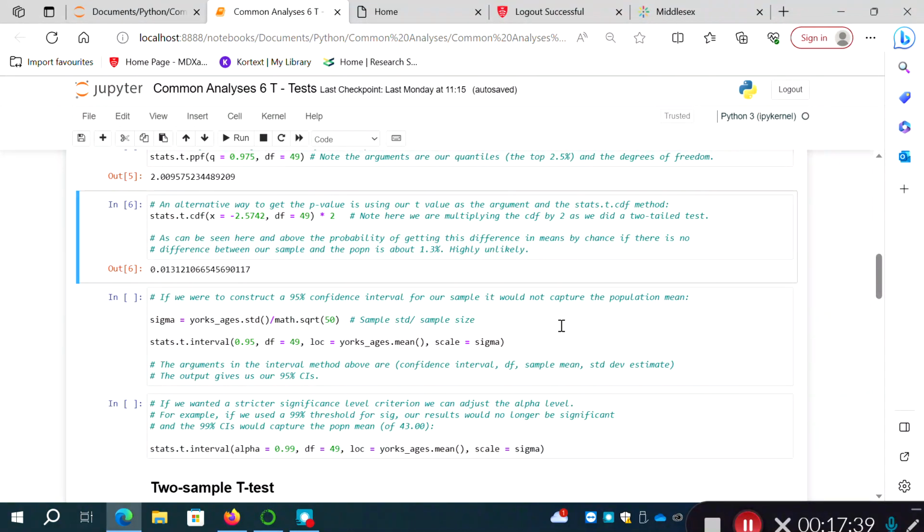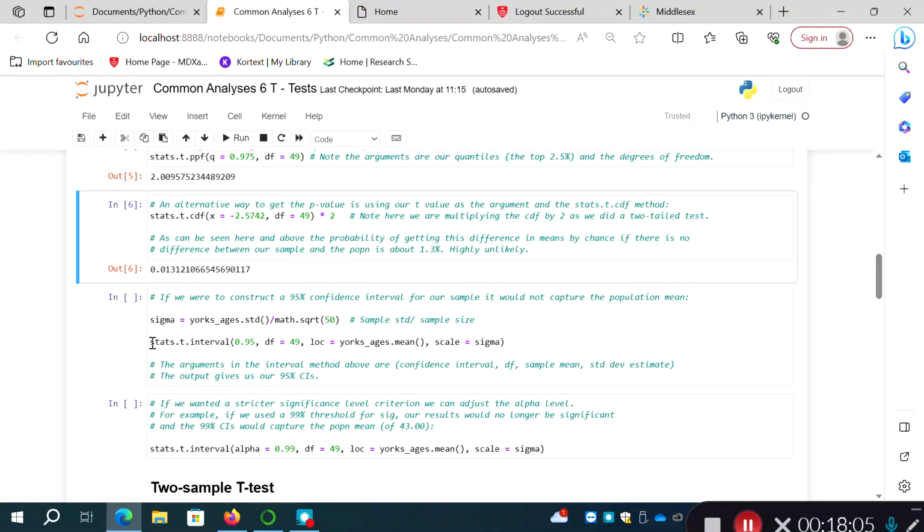The population mean should be more extreme, higher than the confidence intervals around our group mean. But we can work that out. What I've done here is I've created sigma, which is effectively the standard error. I've taken the Yorkshire ages, taken the standard deviation, and then divided it by the square root of the sample size.